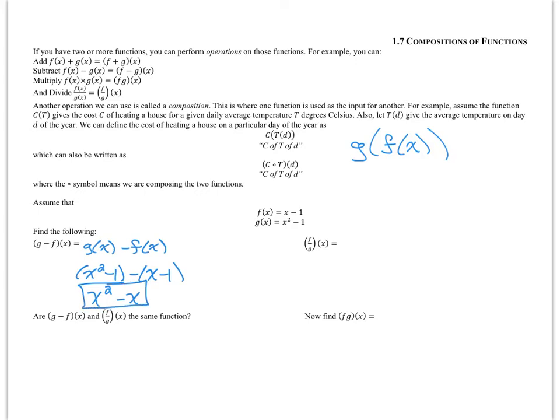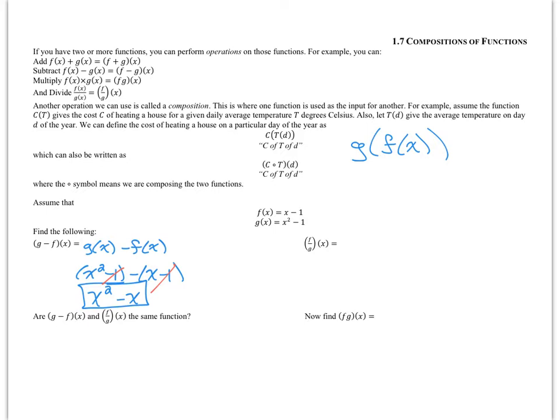So, very straightforward. Just take g and f and subtract them. X squared, there's no like term, so it stays the same. We have negative 1 minus negative 1, which is really negative 1 plus 1. So that's why those cancel out. And then we should be subtracting x. Boom.